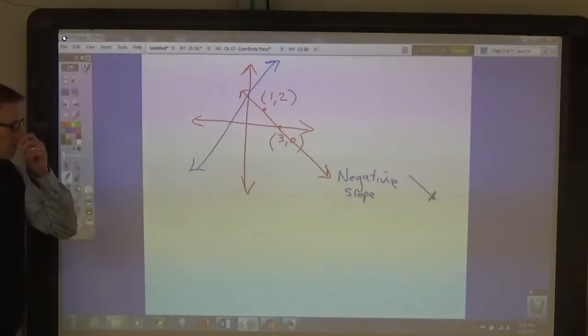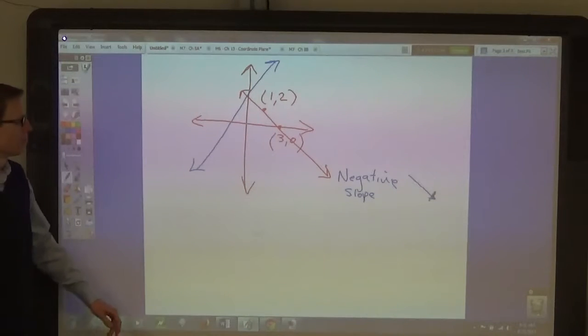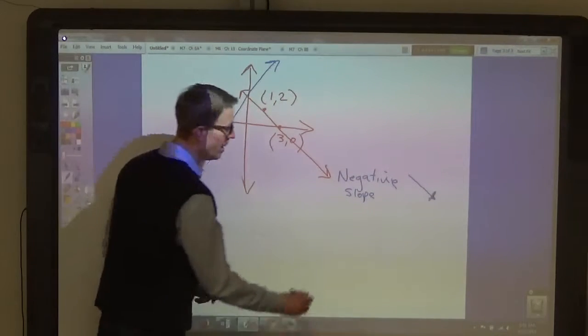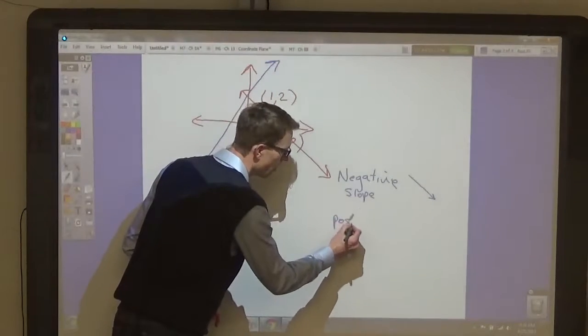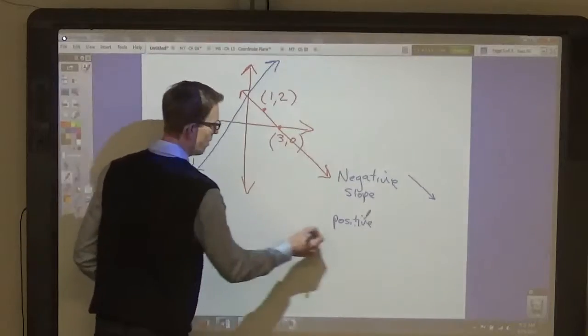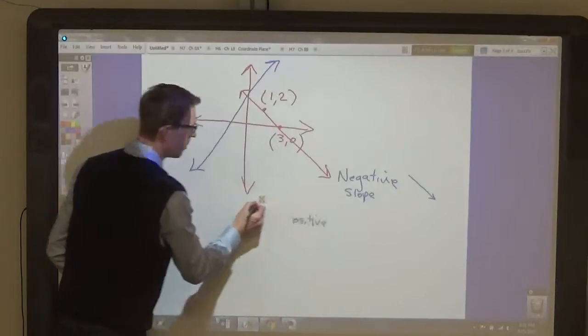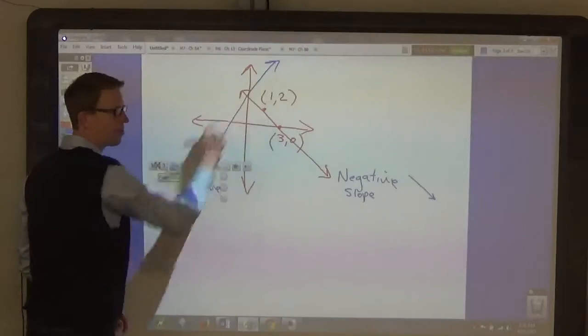The negative slope goes down and to the right. Okay? And underneath that, write a positive slope. Or actually, I'll put it over here. Positive slope goes up and to the right.